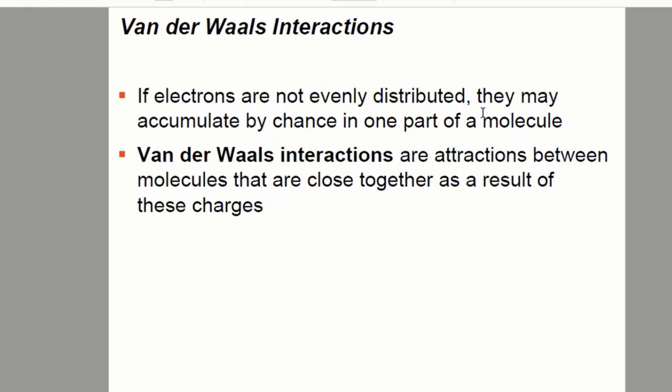You're going to have to define them as electrons that are not evenly distributed and are accumulated by chance in one part of the molecule. And if he also asks for an example on top of that, then you will have to give one.